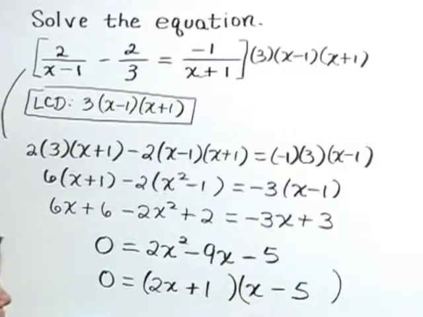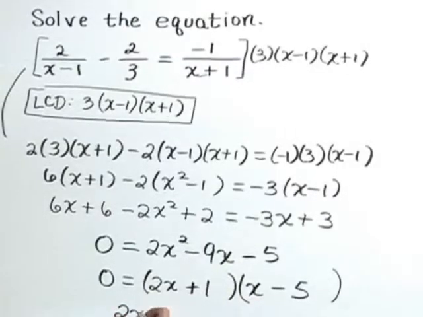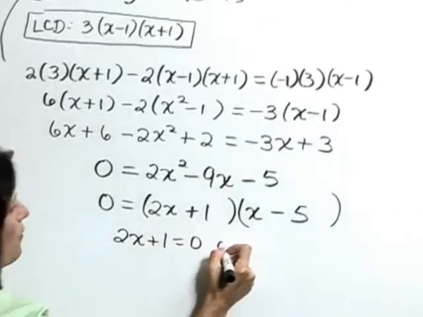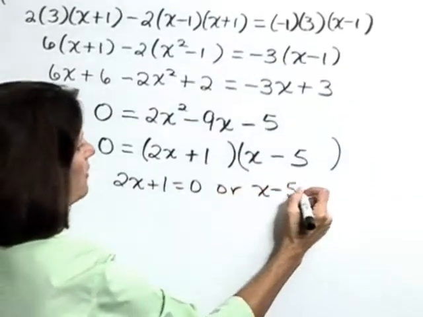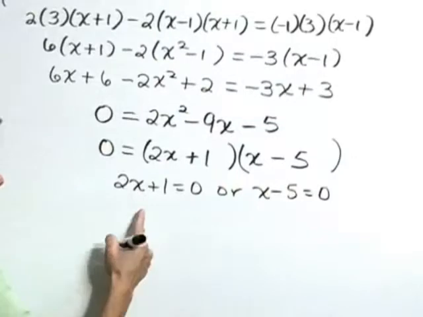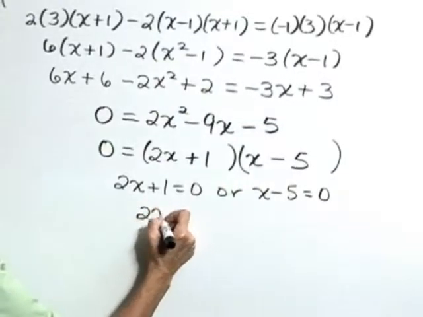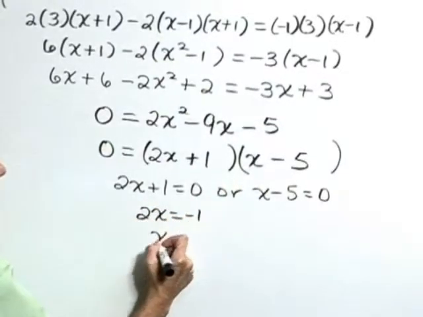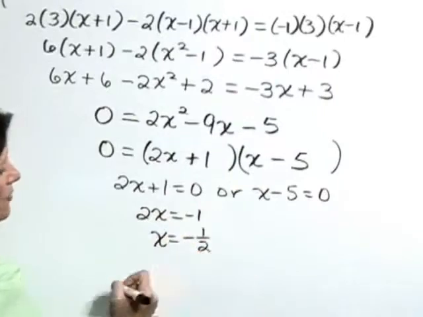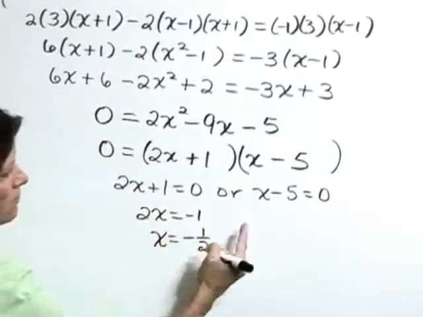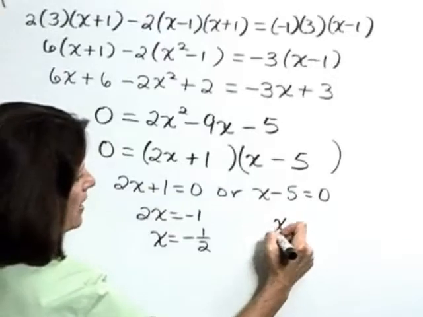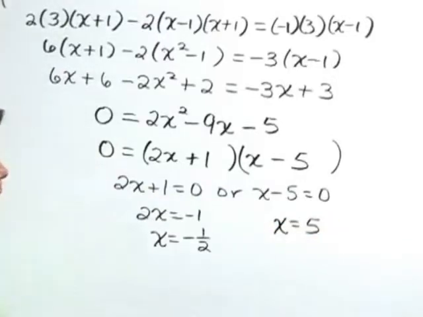Now using our zero factor property, 2x plus 1 is equal to 0, or x minus 5 is equal to 0. Solving for x, 2x is negative 1, or x is negative 1/2. On the right-hand side, we get x is equal to 5.